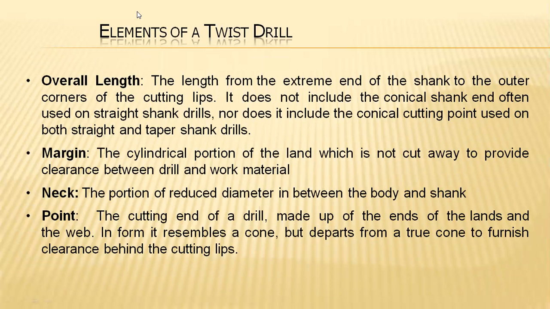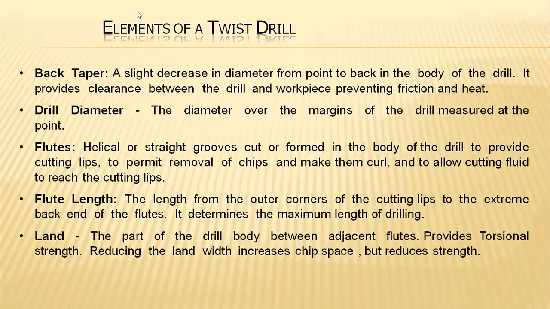Overall length, margin, neck, and point are the dimensional features identified in these cutting tools. Then back taper, drill diameter, the flute length, and the land. Particularly, the land is the part of the drill body between adjacent flutes that provides the torsional strength.